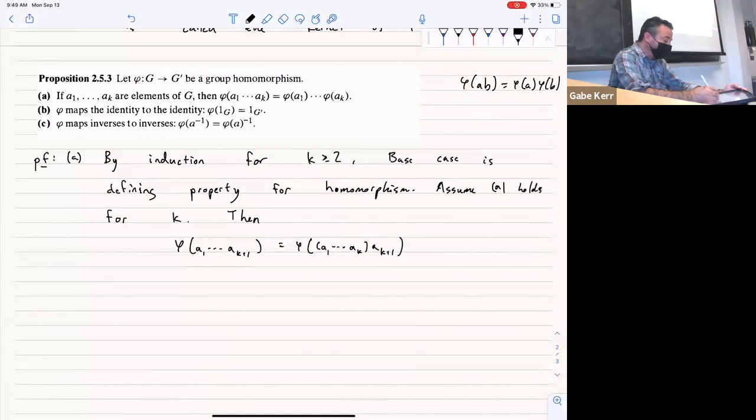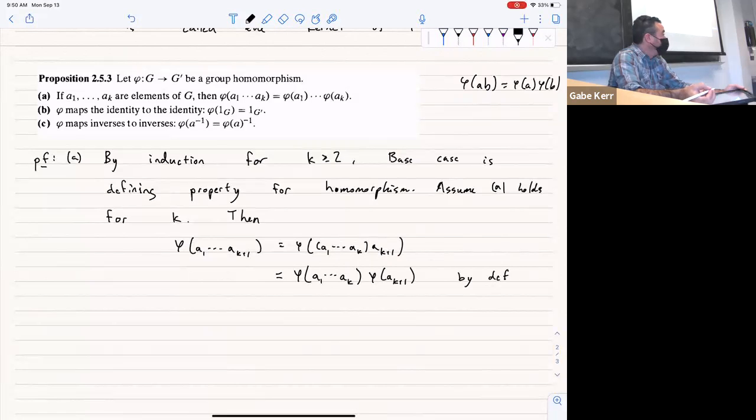Now we have the defining property of homomorphisms. We have two elements, namely the product of all of these and a_{k+1}. So we can split this first product from a_{k+1}, by definition.